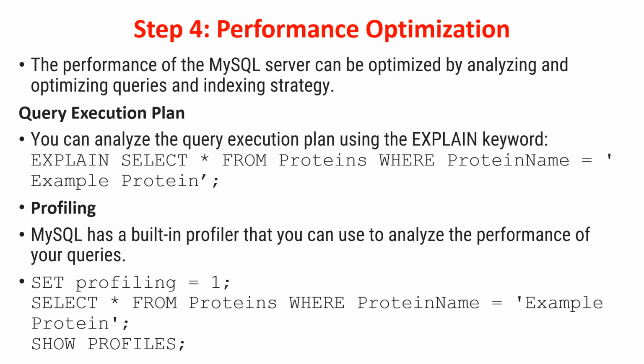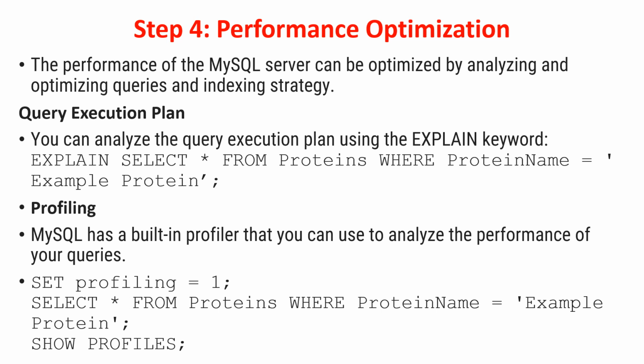The next is performance optimization. The performance of the MySQL server can be optimized by analyzing and optimizing queries and indexing strategy. So, query execution plan. You can analyze the query execution plan using the explain keyword.